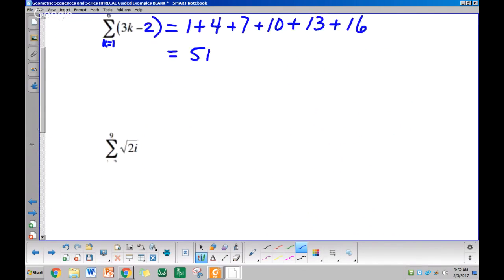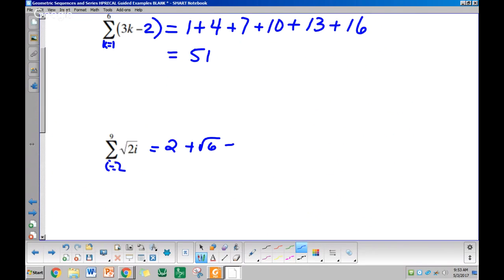You got it? Now, not all summation notation has K's. You can have an I. Okay, so this says start with I equals 2. So what happens when we do that? We get square root of 4, which is 2, plus, bump the counter up to 3, square root of 6.